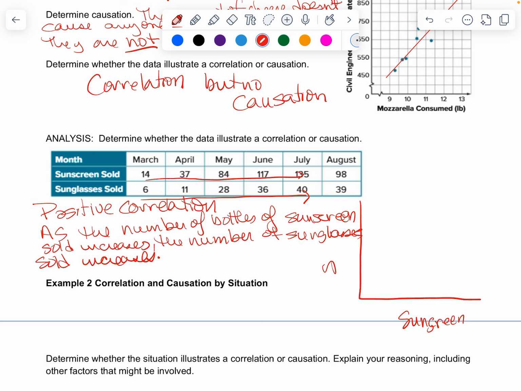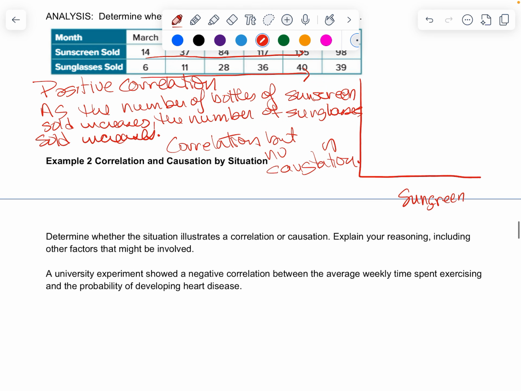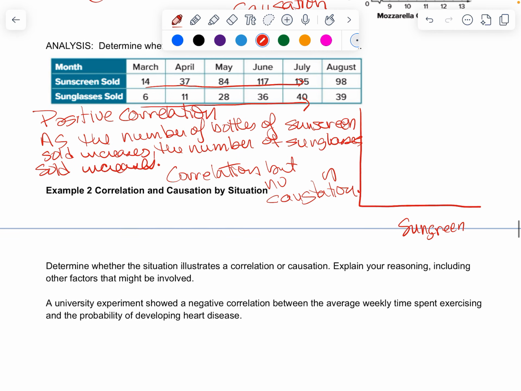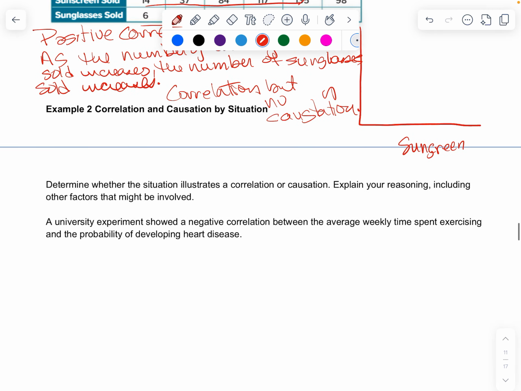But one doesn't cause the other one. So it has a correlation, but no causation. One doesn't cause the other one. Now, if we were doing the months, that might be, but not just sunscreen and sunglasses.